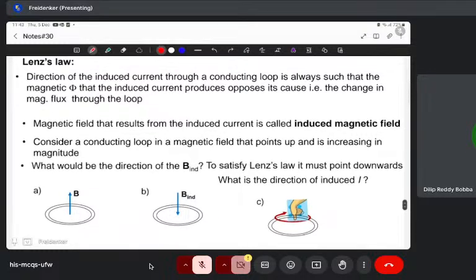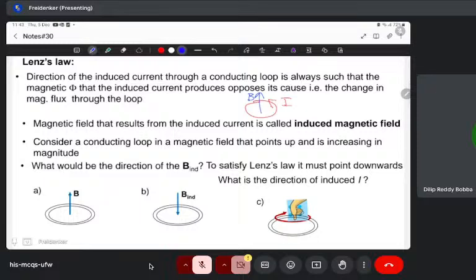And yes, since current is induced, I told you, right? If there is a current, the current will have a magnetic field around it. So the net magnetic field also has a direction. If the loop is this way, just take your right hand, curl your fingers. The thumb will give you the direction of the magnetic field.